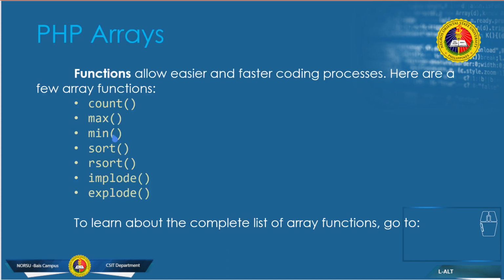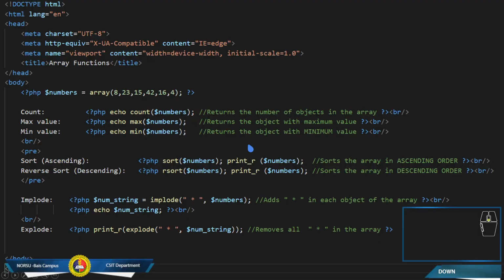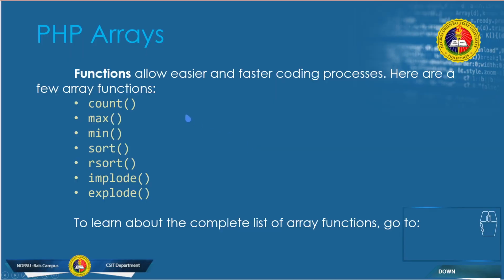So again, these are some functions for arrays. We have count, max, minimum, sort, reverse sort, implode, explode. So imagine this count, max, minimum. They have different functionalities, right? Unfortunately, I haven't put the definitions.